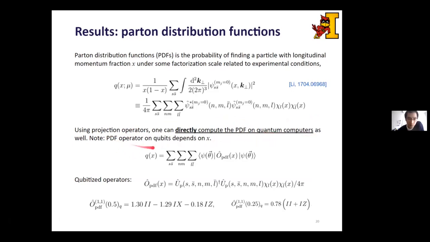And the PDF operator would depend on x, so that's different from the decay constant. So for example, the qubitized operator for calculating the PDF at some particular longitudinal momentum fraction can be written as this. And some instance of this PDF operator is shown here.